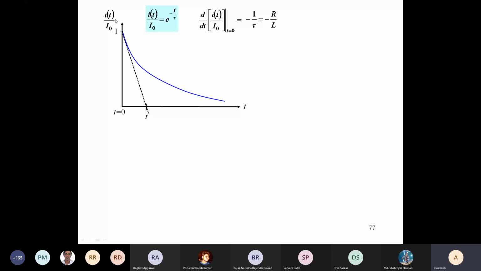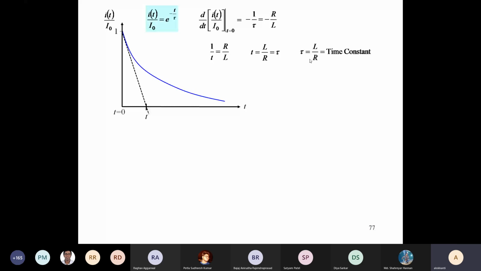If tan theta, the slope of the line, is R by L in magnitude, then along the y-axis the magnitude is 1, and along the time axis it is t. We are trying to find this t. So this t is equal to L by R, which is the tau that we assumed earlier. This tau is called the time constant of the circuit.